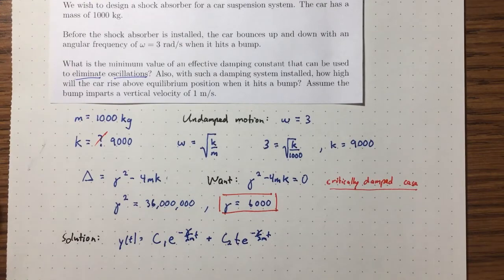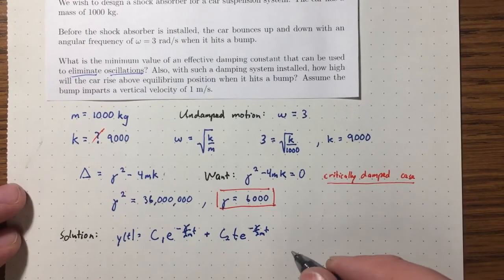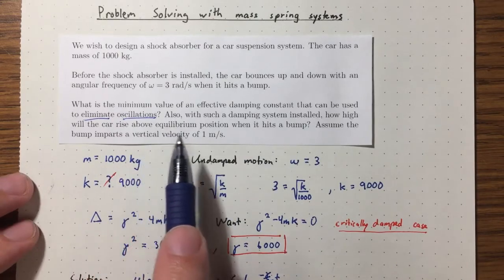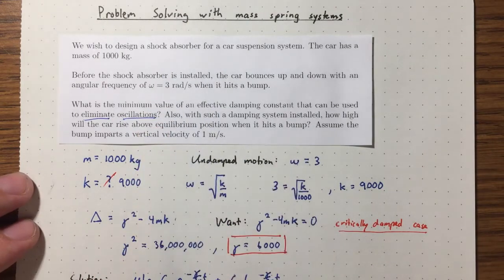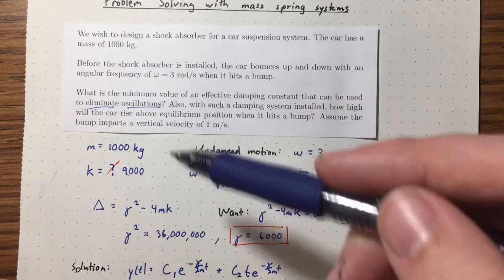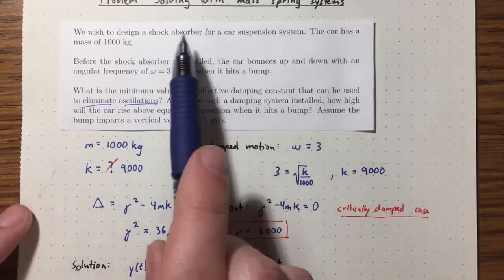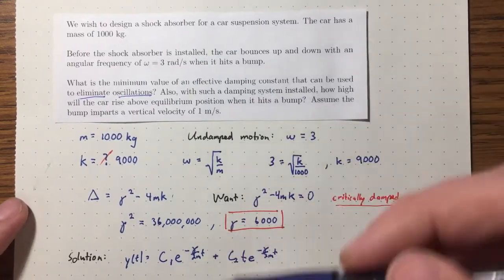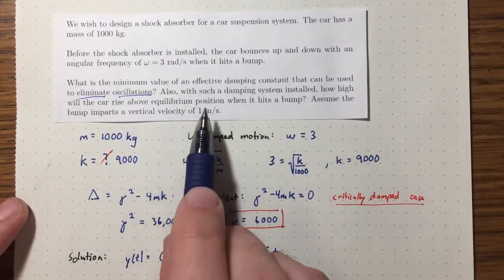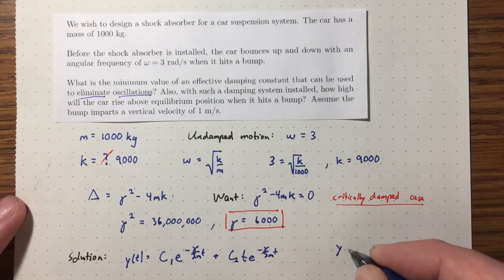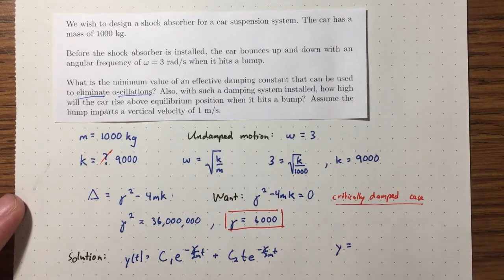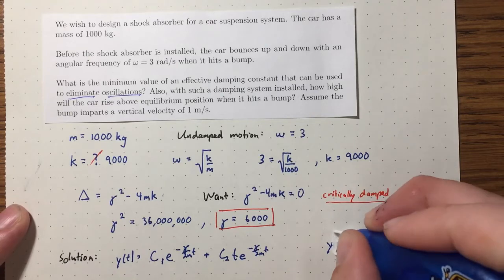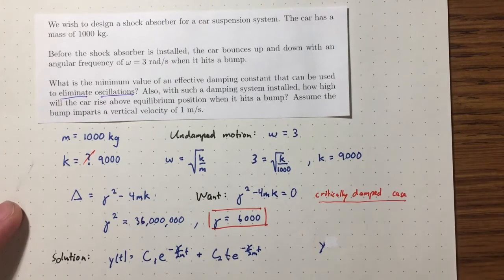All right. And do we have any initial conditions? Well, we're thinking of this as a vertical motion, right? The spring is a shock absorber for a car, and so our car is going to be bouncing up and down vertically. So we can assume that as the car is just riding along, it's going to be in its equilibrium position before it hits the bump.